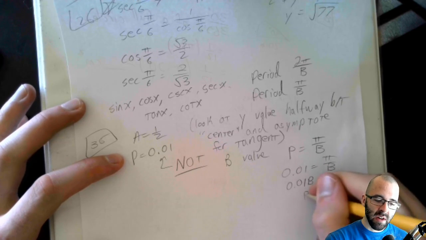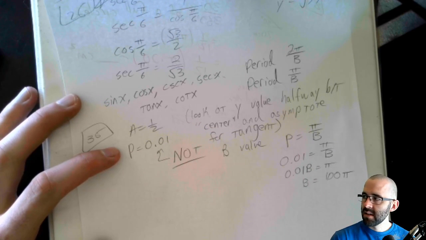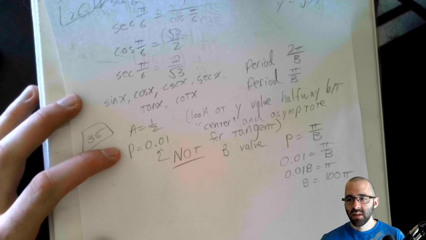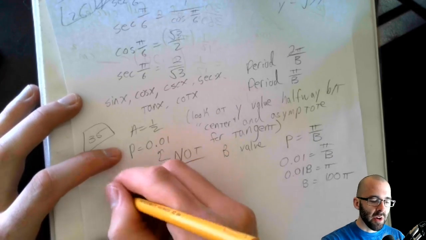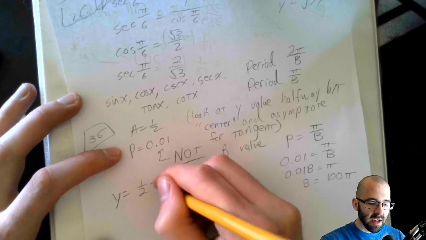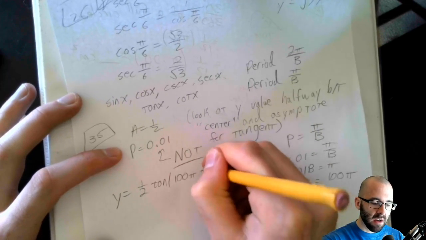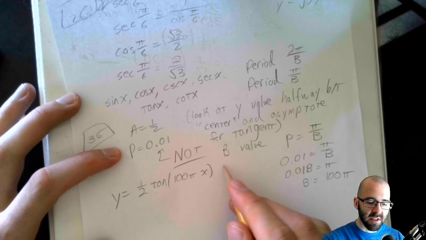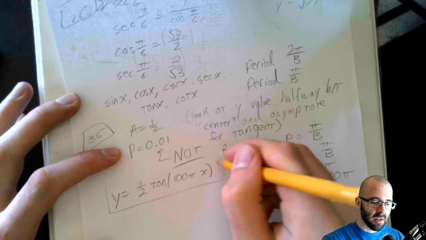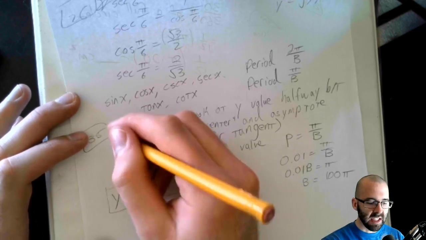Divide by 0.01. You get b is 100 pi. So we know our function then must look like y equals 1/2 times the tangent of 100 pi times x. There's no phase shift. There's no vertical shift. So this is what you get on 35D, I guess.